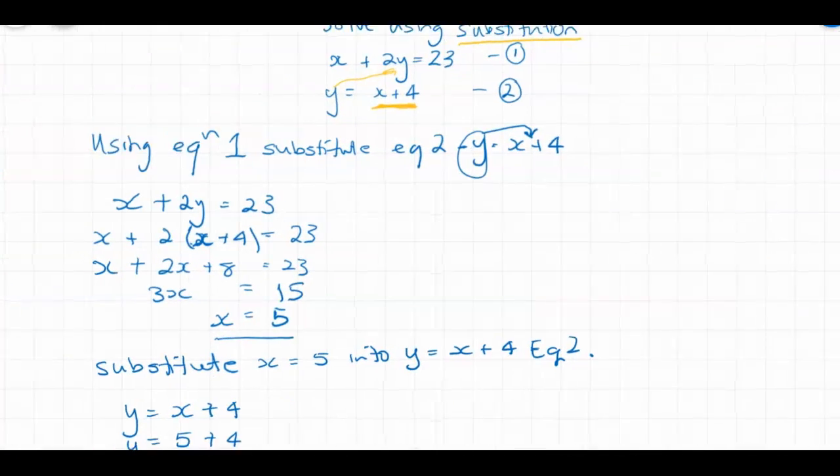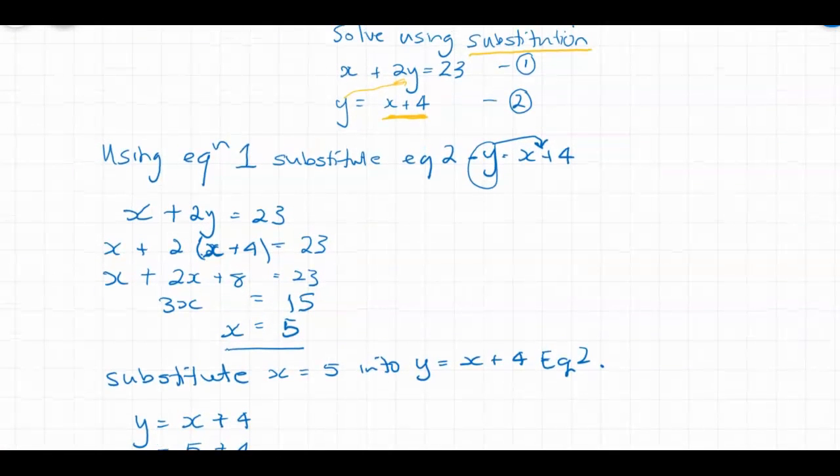Coming back over here, we didn't need to rearrange anything. Luckily for us, the equation was quite nice. It was already there, y equals x plus 4. I didn't have to rework anything to get it in that format. So I used this to substitute the x plus 4 into the equation.